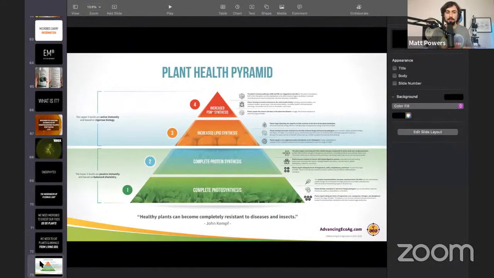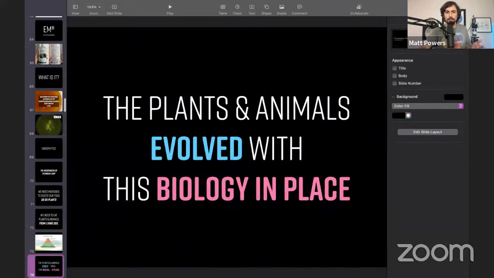Even the balanced chemistry, that's the biology releasing all of those nutrients. I know there's weathering and stuff, but that's not primary. The plants and animals evolve with this biology in place. It is their externalized digestion.